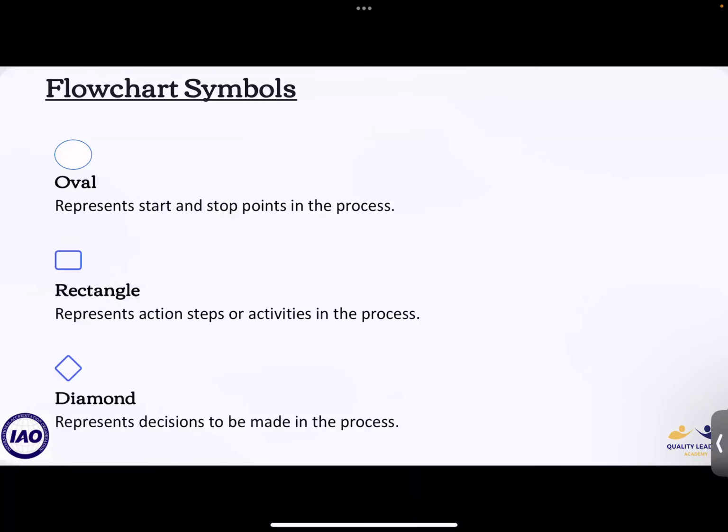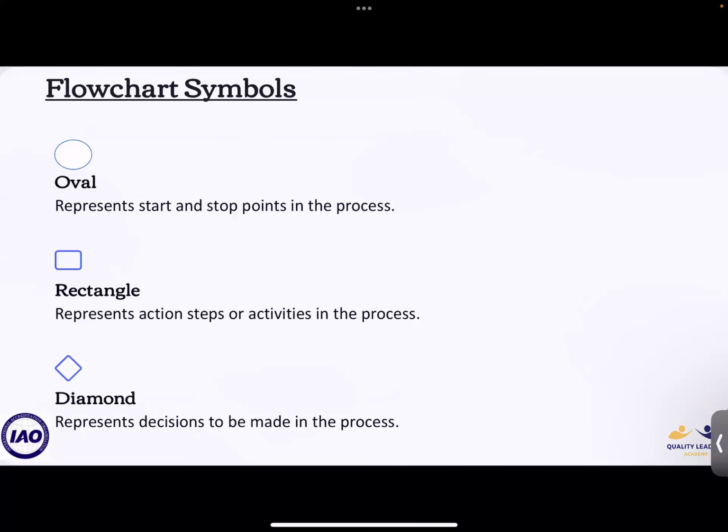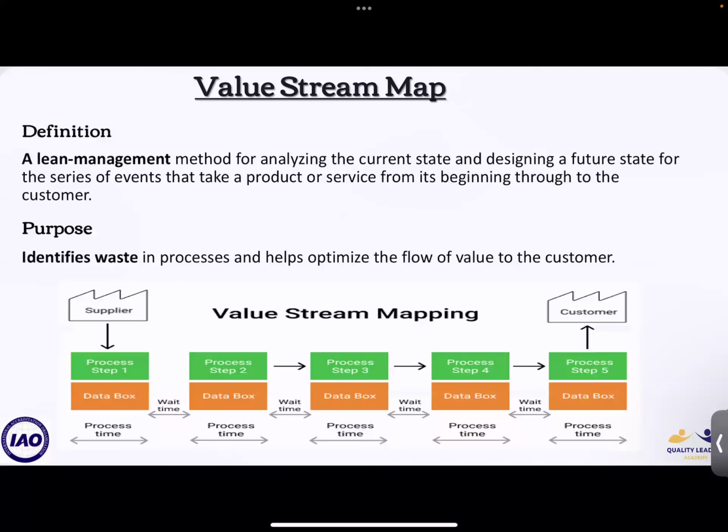So I will write start inside the oval. The rest of the steps are in rectangular shape, like a rectangle. If a step contains a decision, we take yes or no, and it will be in what shape? This is the diamond shape. Okay, so we took them before. Here are the oval, the rectangle, and the diamond shape.